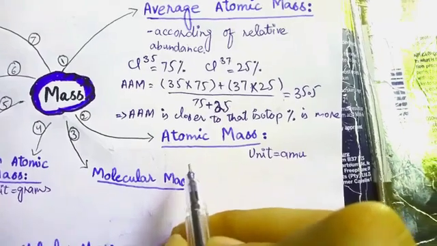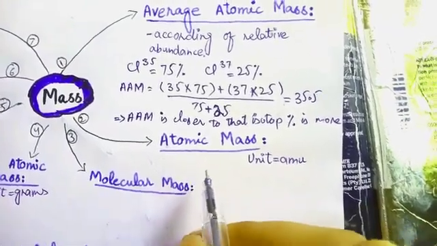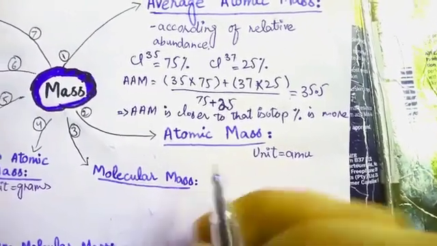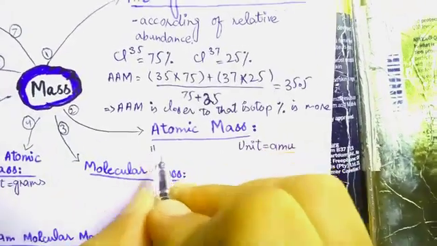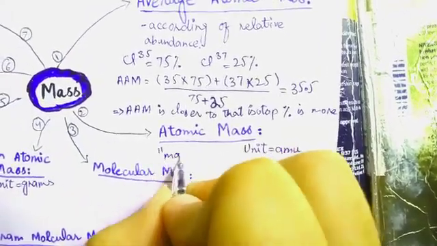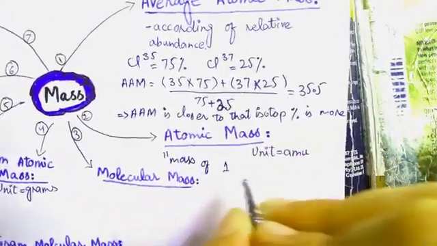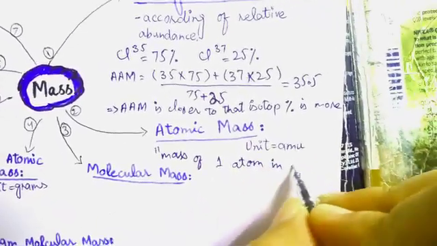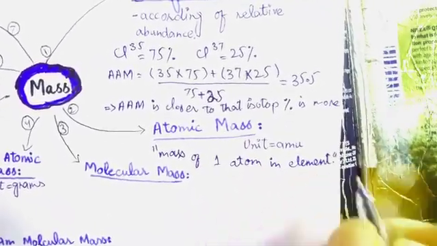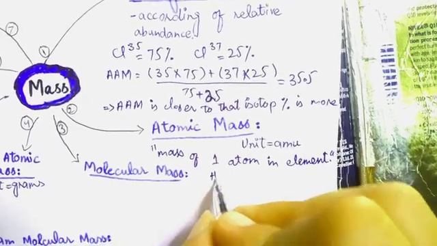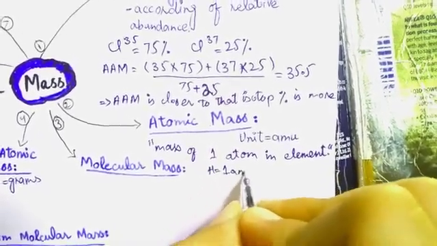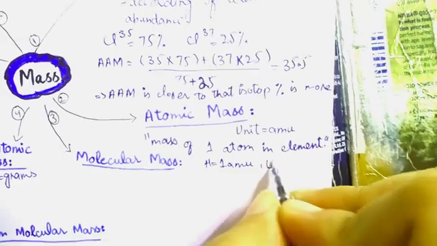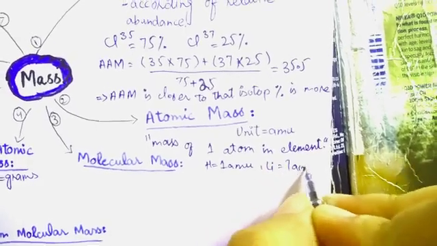And now we will discuss atomic mass. Unit in this is AMU, and we define it as mass of one atom in an element, such as hydrogen 1 AMU or lithium 7 AMU.